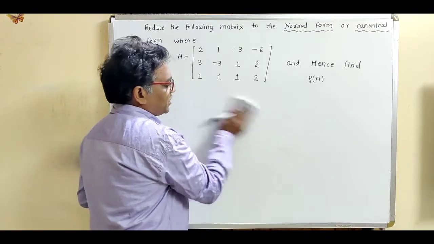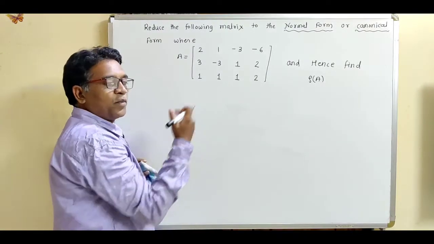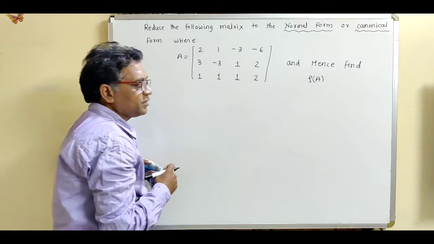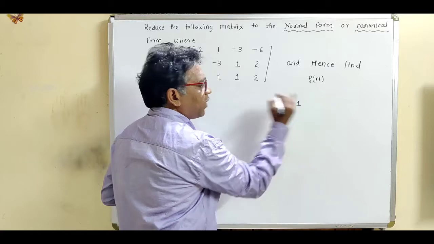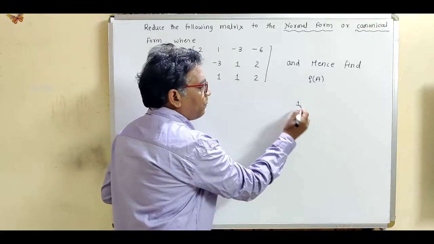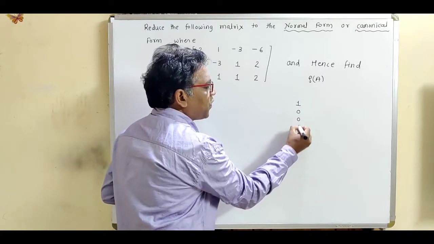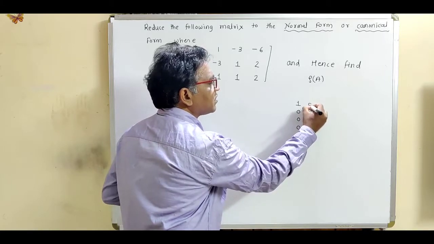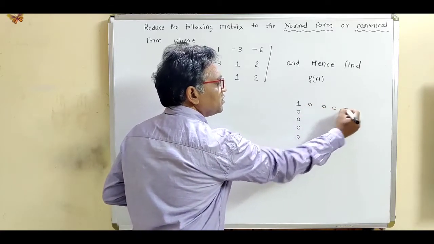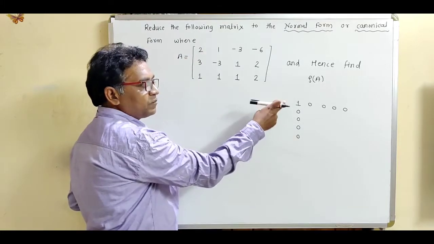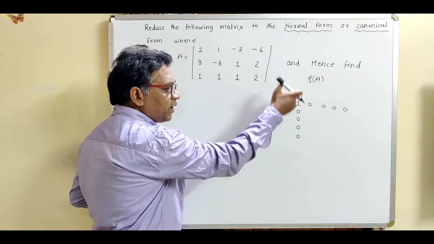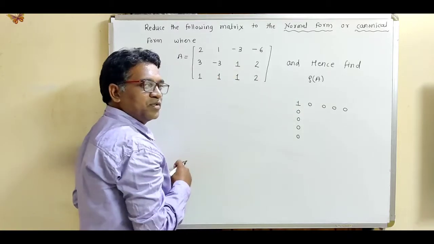Now see, this is the process for finding the normal form or canonical form. So what is that process? First of all, make the first element 1. By using this one, make the corresponding column 0 as well as the corresponding row 0.